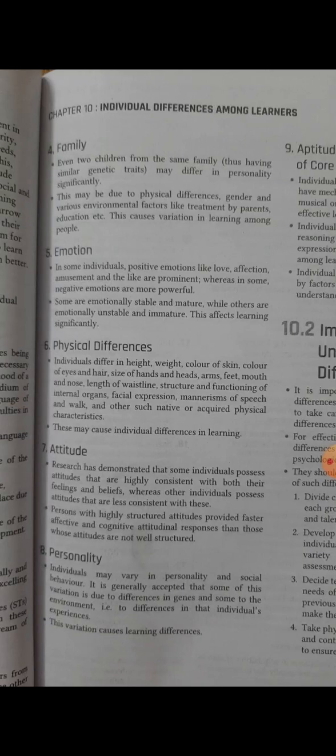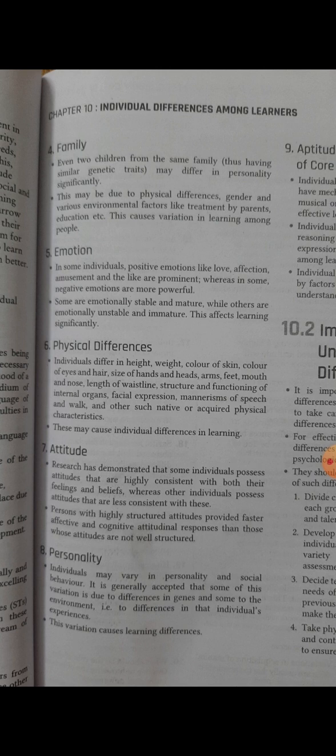Family. Even two children from the same family, thus having similar genetic traits, may differ in personality significantly. This may be due to physical difference, gender and various environmental factors like treatment by parents, education, etc. This causes variation in learning among people. Emotions.